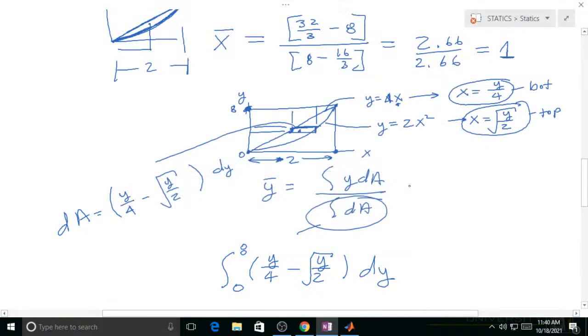What I did is this one's the top, so I've got to take the top minus the bottom, not the bottom minus the top. Otherwise, it's a negative area, and this is a positive area. So this was supposed to be that. And I can't get the minus sign to take.